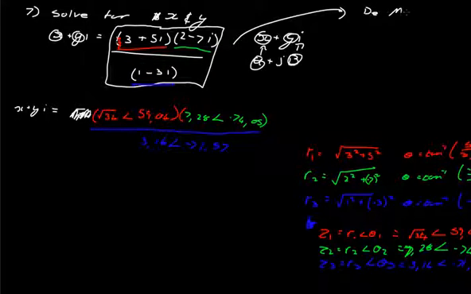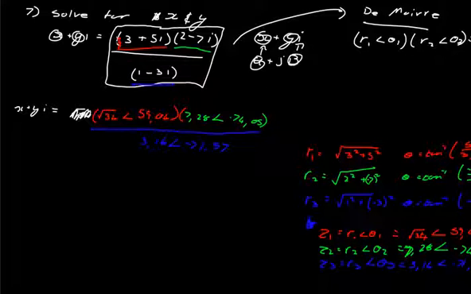De Moivre says that R1 angle theta 1 times R2 angle theta 2 is equal to R1 R2 angle theta 1 plus theta 2, running out of space there.